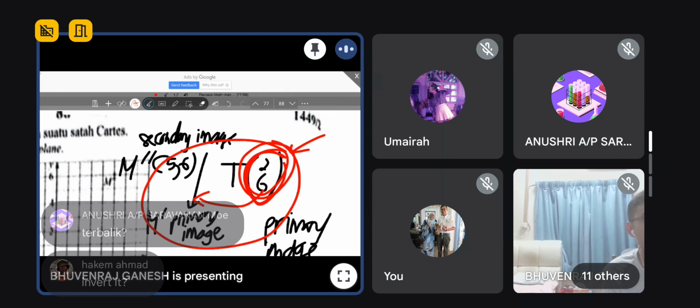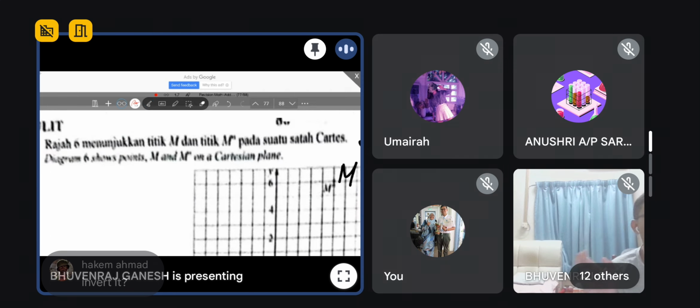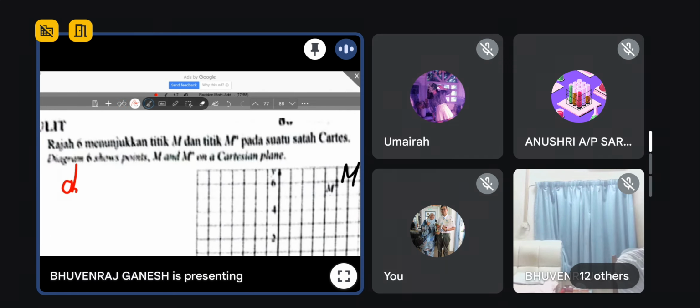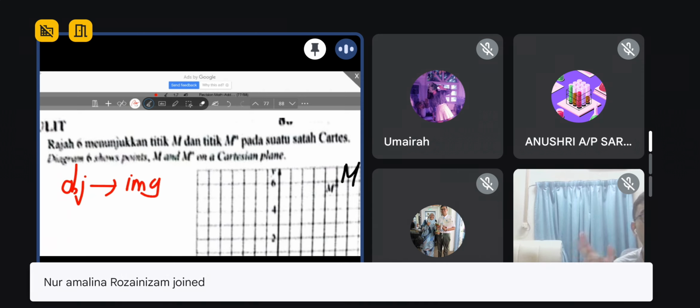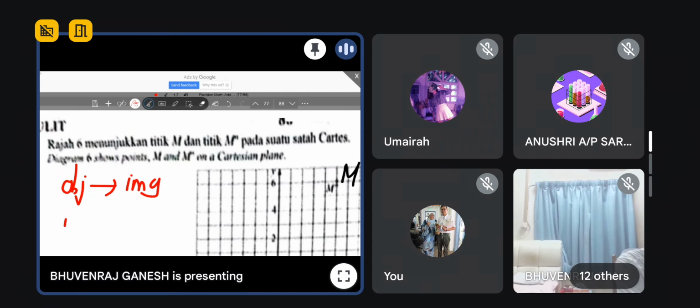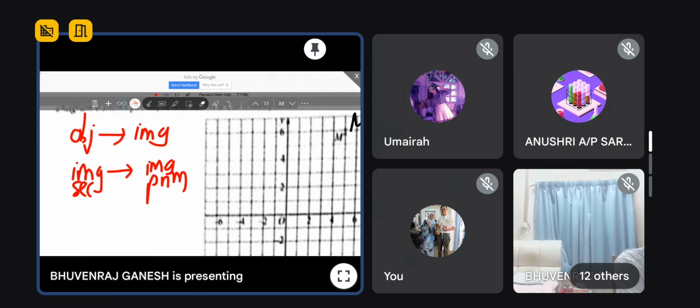Yes, correct. Okay guys, always remember this point. When you are going from an object to image, you follow the normal order. Ikut urutan yang biasa. Okay, but if you're going from image to another image, maybe from secondary to primary, or image primer to the object, you have to reverse the transformation.